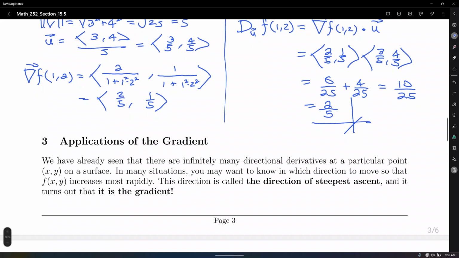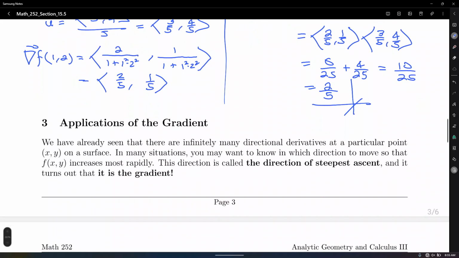But in this case, if you are at a hill, there's a way to determine in which direction we should go to follow the steepest slope, or in the opposite direction. That is, the direction of steepest ascent or steepest descent in the opposite direction.